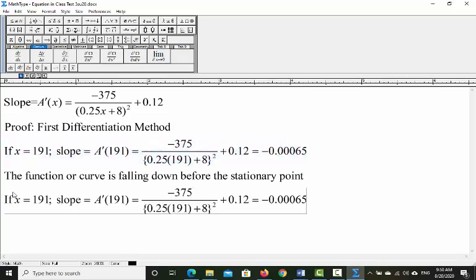Now we will check after the stationary point. We can take the value 192 or 193. Let us take 193.